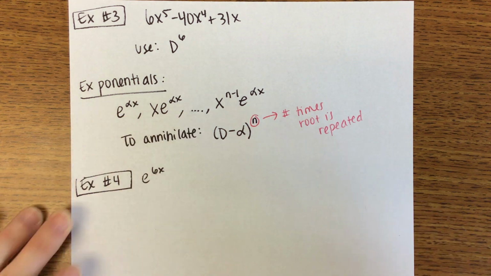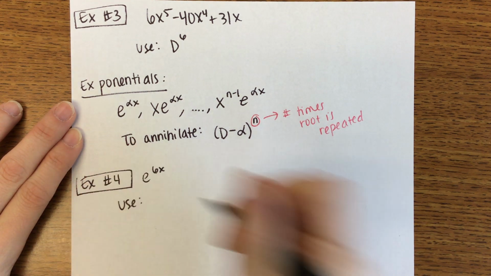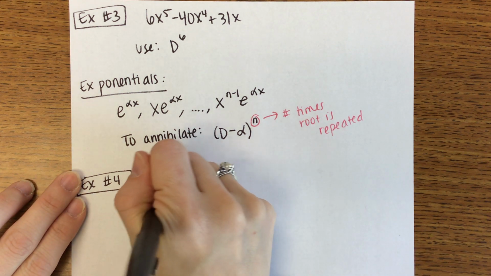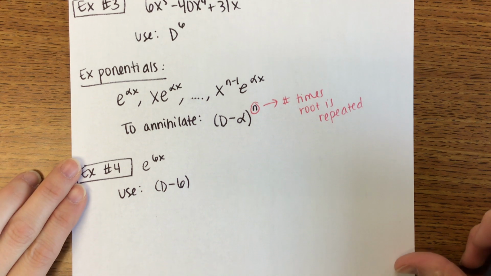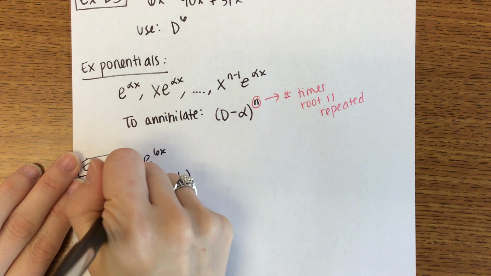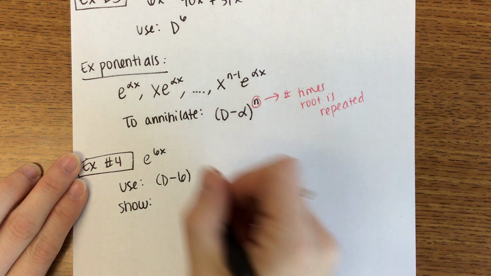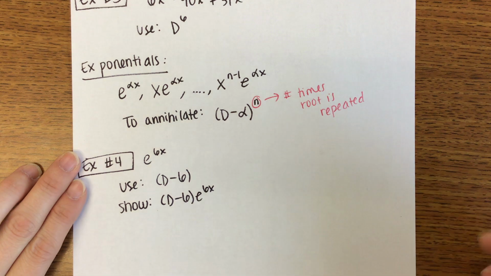Okay, e to the 6x. What would we use to annihilate that? D minus 6. I also want us to show that that is in fact the correct annihilator. So we will apply D minus 6 to e to the 6x.